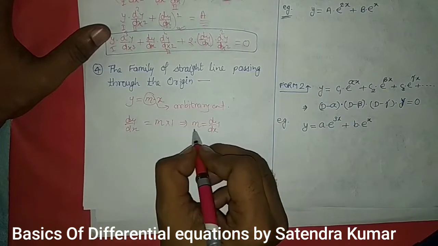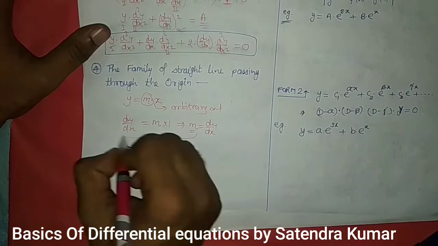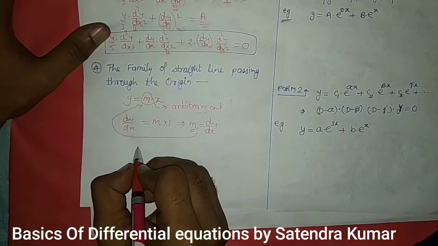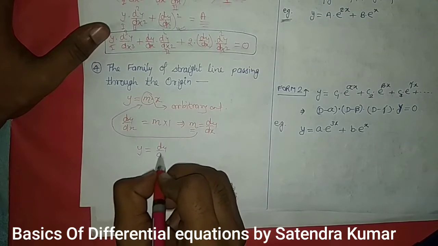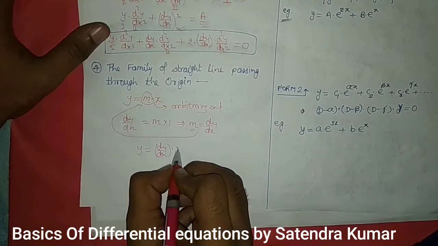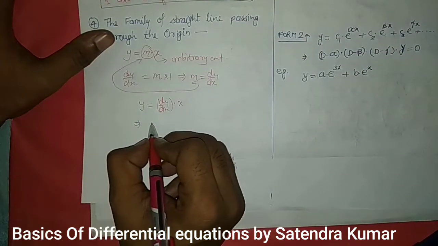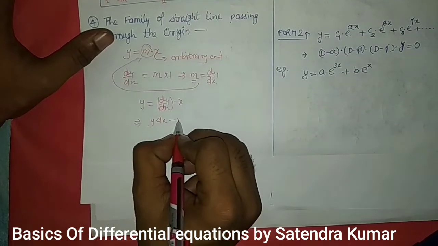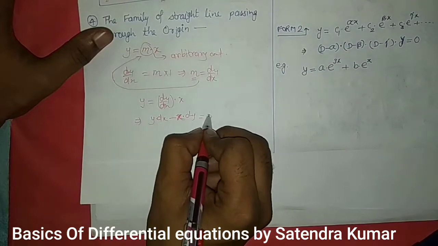But the arbitrary constant is still present, so we put the value of m in the given curve, so we get y is equal to m, that is dy by dx, into x. If we solve this, we get the differential equation y dx minus x dy is equal to 0.